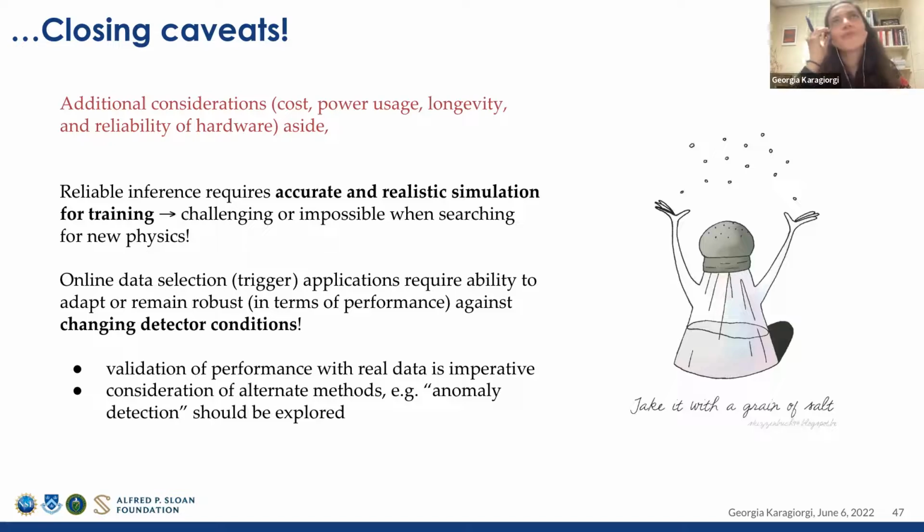Now, in terms of whether experimentally we would prefer our trigger rate to stay constant versus our trigger efficiency to stay constant under such fluctuations.